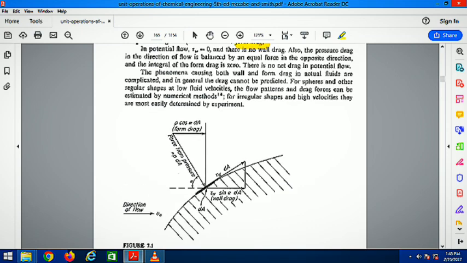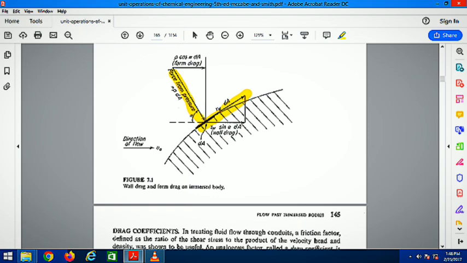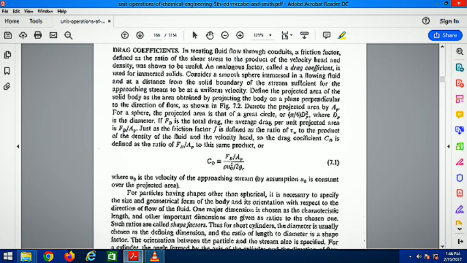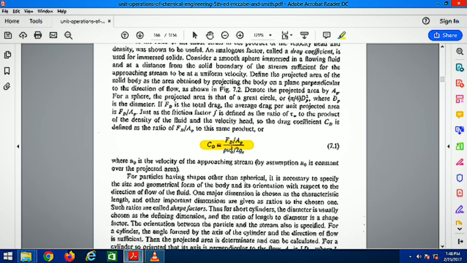So there are two types of drag, wall drag and form drag. This is the pressure force and this is the wall force, wall drag. And here we have the drag coefficient finally, which is force upon area, that's pressure upon rho u square by 2.